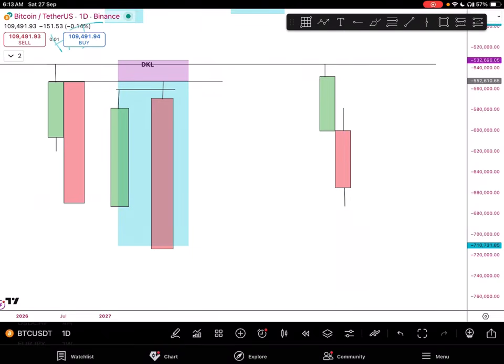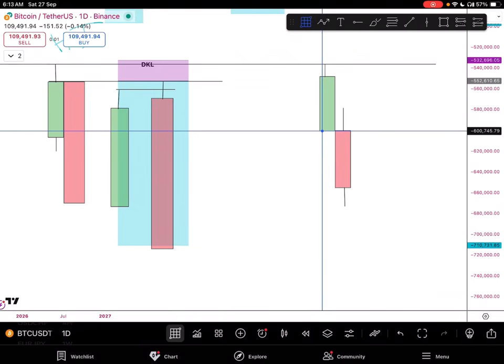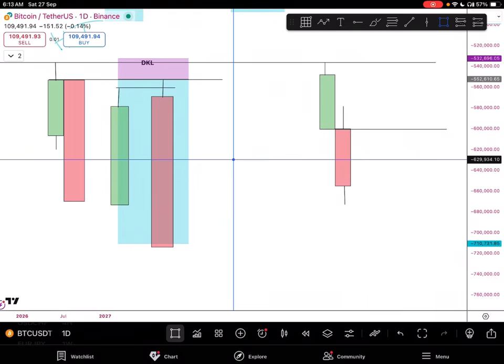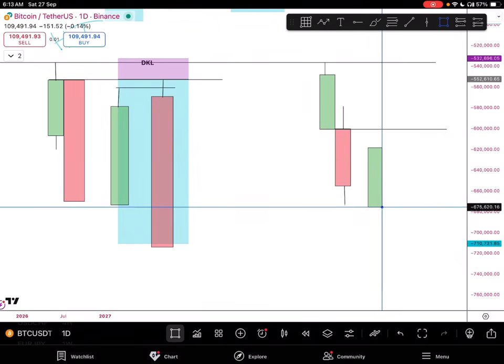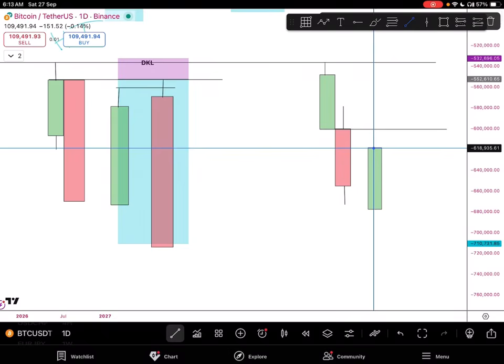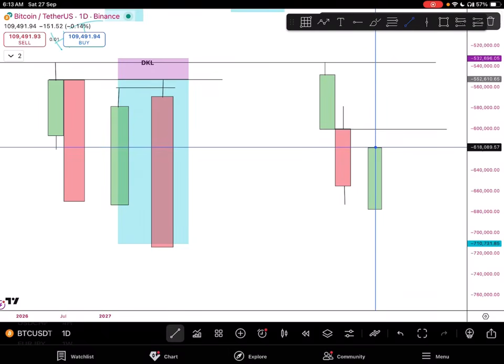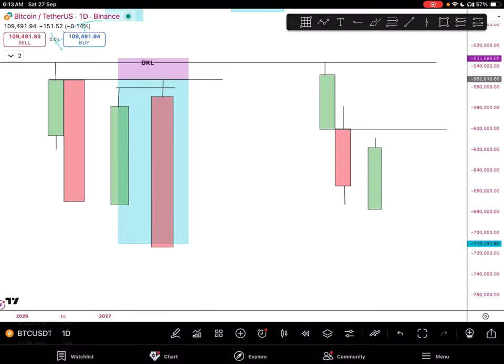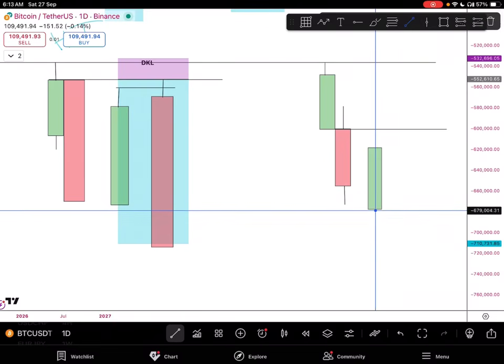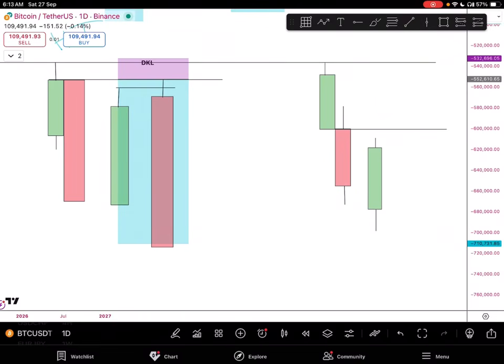When you have an open close below the key level like here, I will take my entries like this. So the next candle, or the coming candle, will be the inducement like this. Okay, so inducement candle like this.